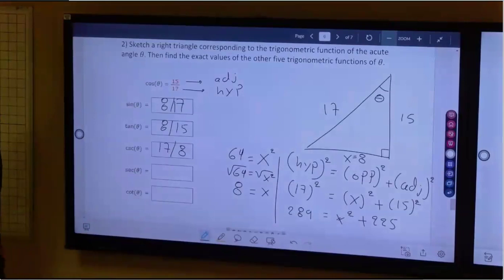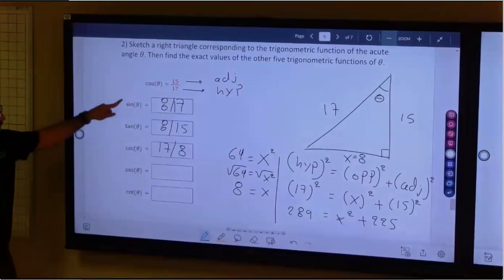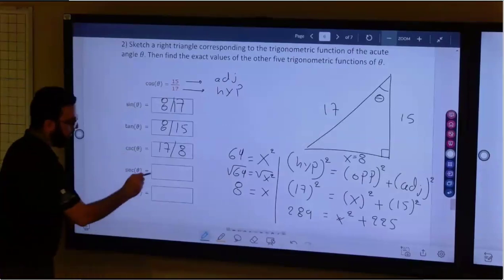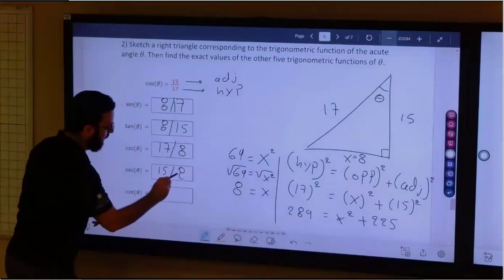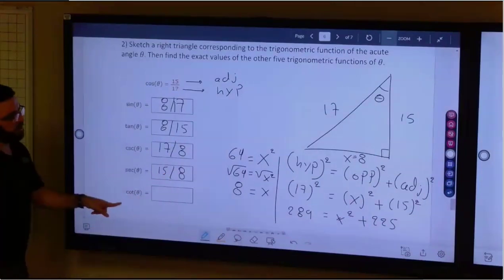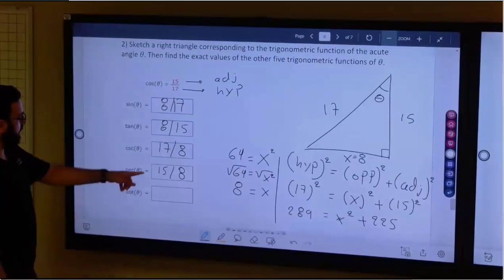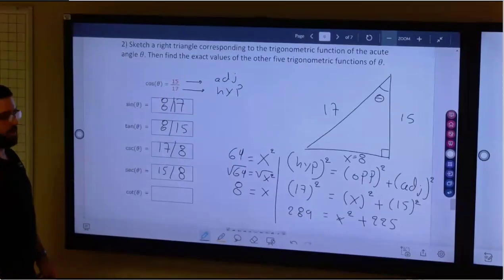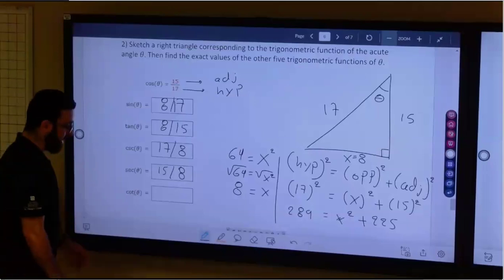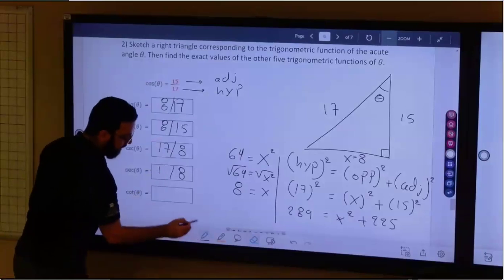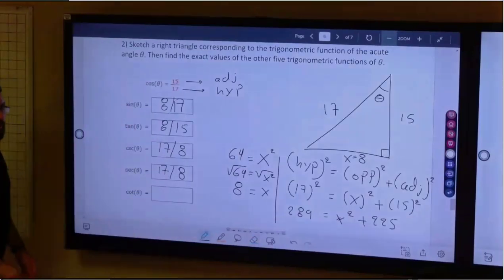What's the secant? There's something wrong with the secant. The secant should be 17 over 15.